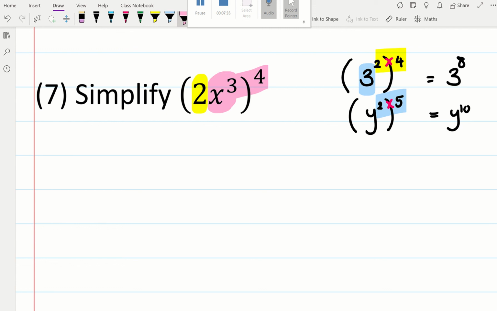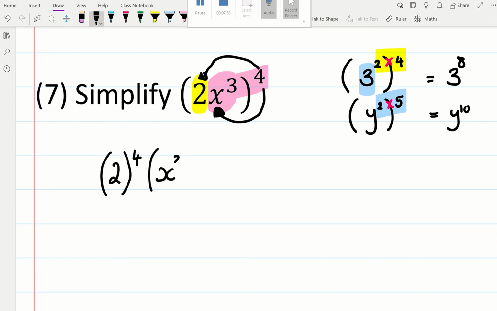So x cubed is all raised to the power of 4. So this is how I want you to write it. This power outside the bracket is applied to both parts inside the bracket. That means 2 is to the power of 4, and then the x cubed is to the power of 4 as well, which is like this one here.